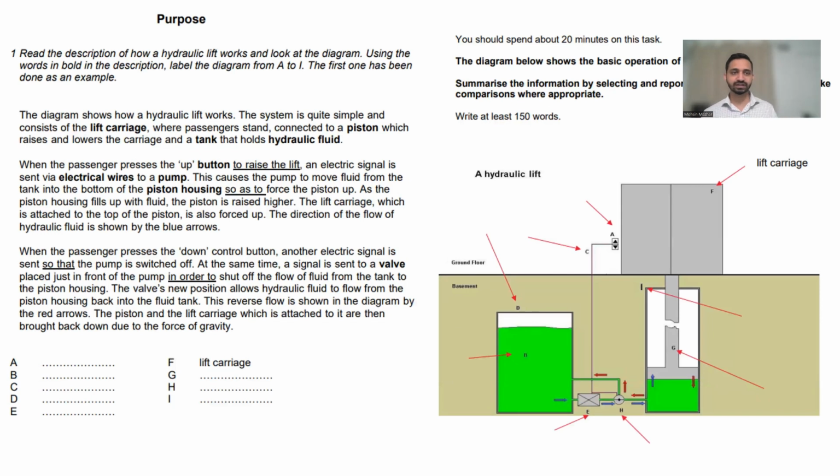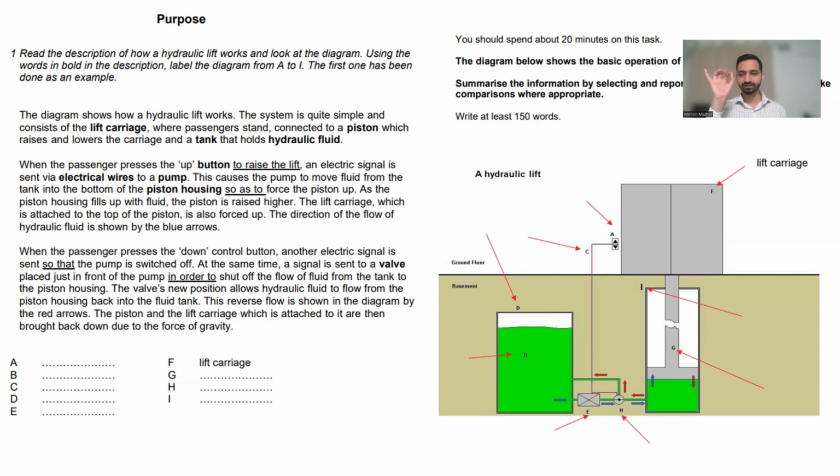In our first activity, you will read the description on the left-hand side of how a hydraulic lift works and look at the diagram on the right-hand side. Using the words in bold in the description, label the diagram from A to I. So you have on your diagram the process, right?